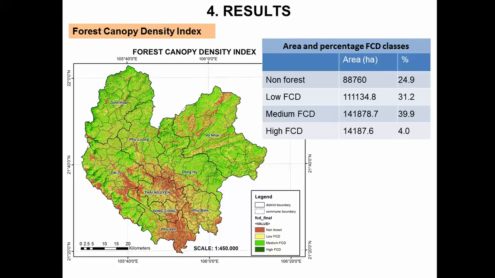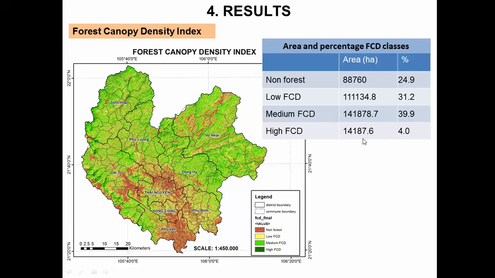Consequently, the area and percentage of FCD classes are identified, in which the non-forest area is approximately 88,000 hectares, accounting for 25%, about 31% corresponds to 111 thousand hectares for low FCD, nearly 40% corresponds to the medium FCD with an area equivalent to 141,000 hectares.